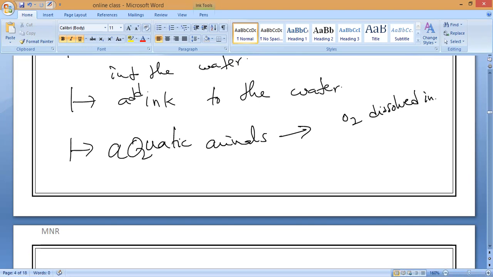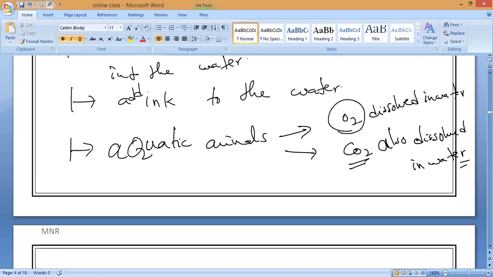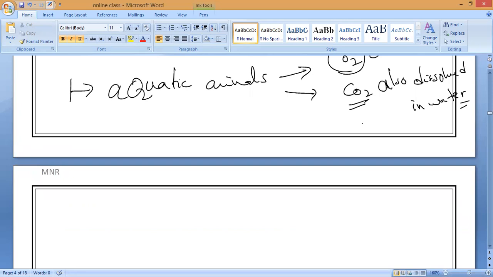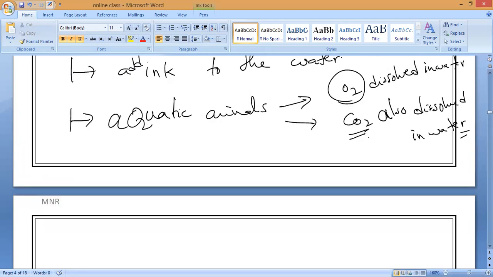Carbon dioxide is also dissolved in water, which water plants use for photosynthesis. Do you know one more thing? Carbon dioxide dissolves much faster than oxygen in blood, in our human body.